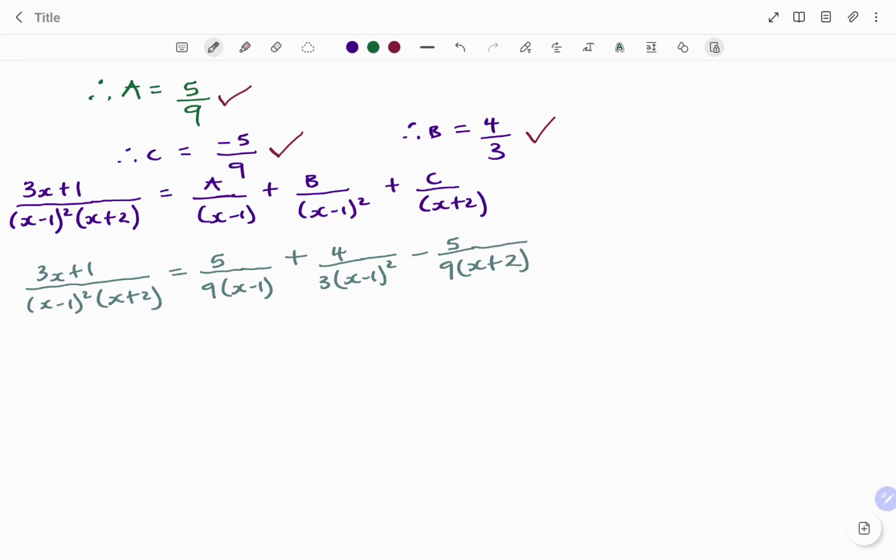So writing 3x plus 1 over x minus 1 all squared, x plus 2 as the sum of its partial fractions is what we have here.